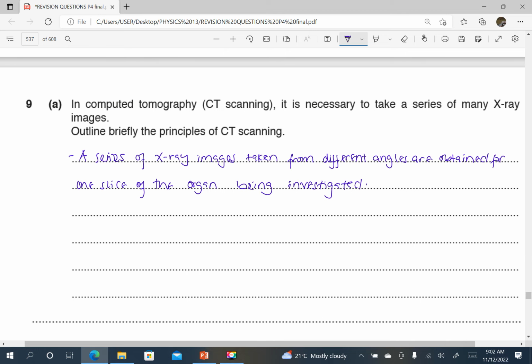Okay, all the images for this slice are going to be in the same plane. All the images are in the same plane.